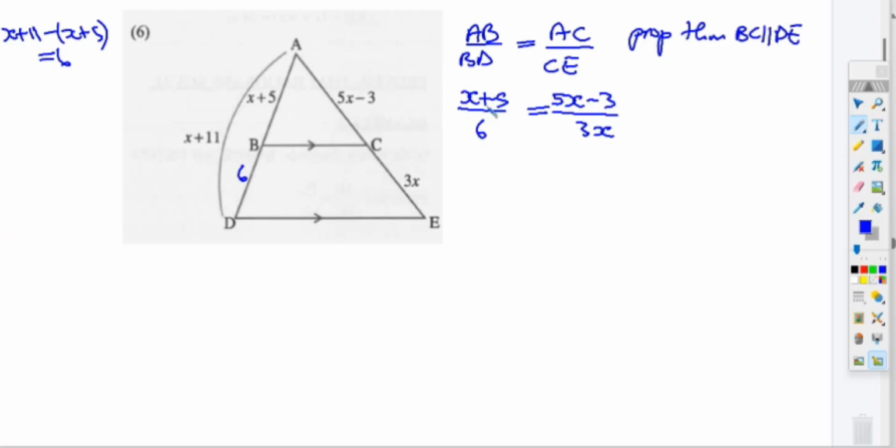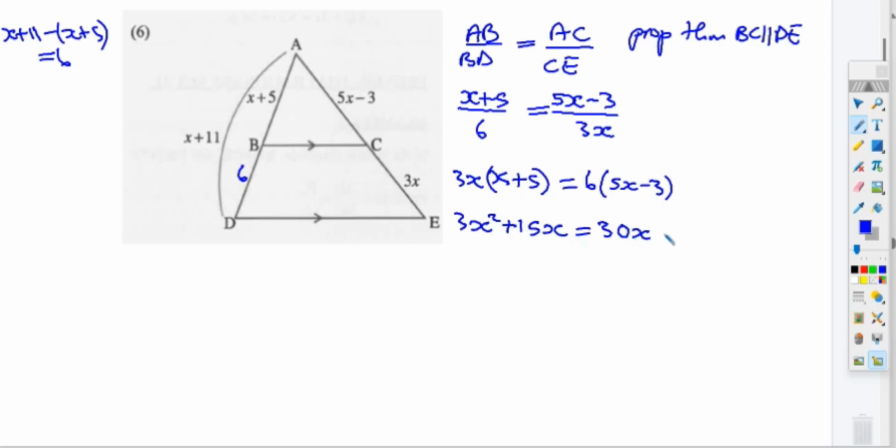Take your 3x to the left. Cross multiplication there, 3x times x plus 5 is equal to 6 times 5x minus 3. This is 3x squared plus 15x is equal to 30x minus 18.